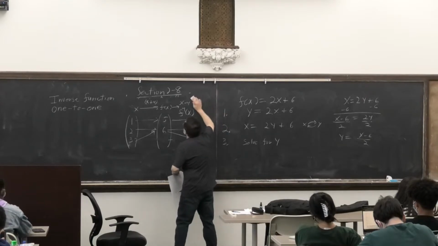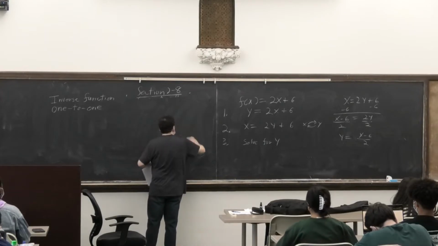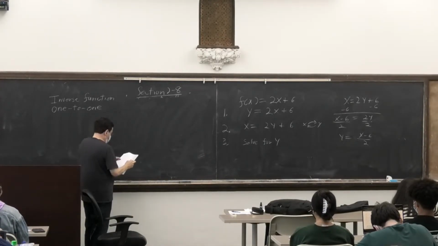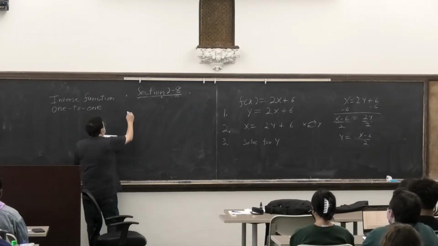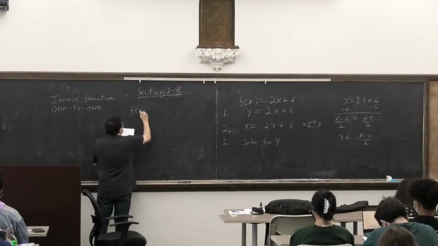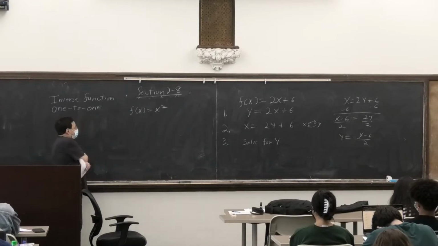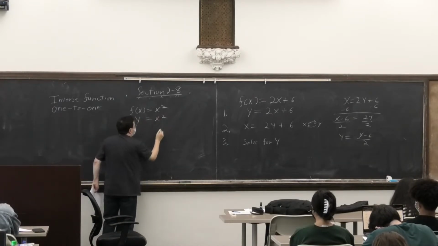Let's try another fairly straightforward, simple example. f of x equals x squared. Okay, so y equals x squared.